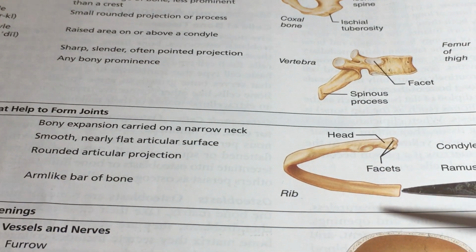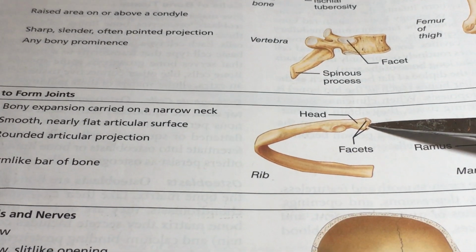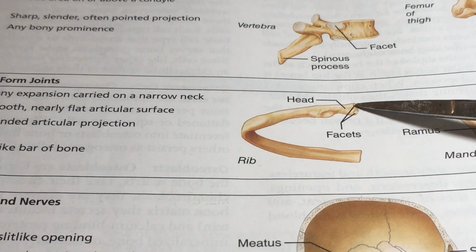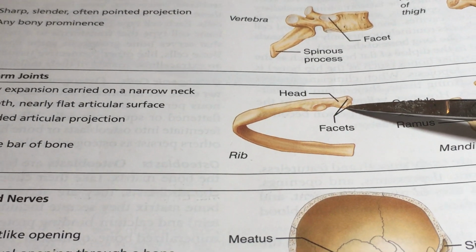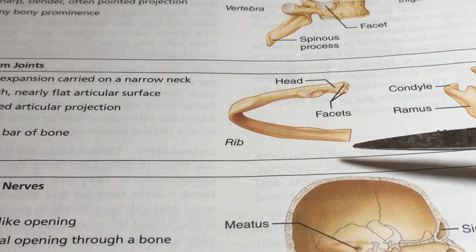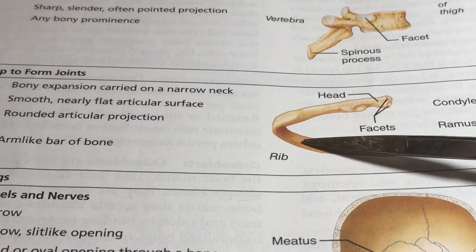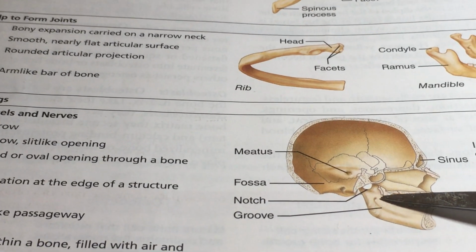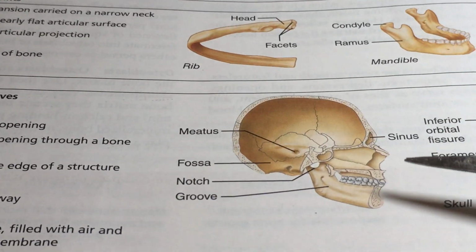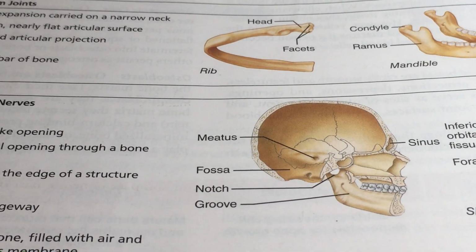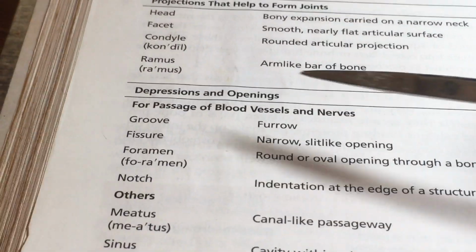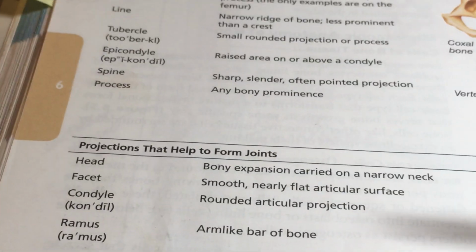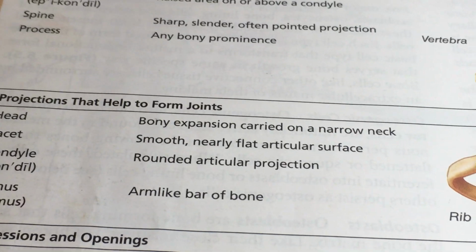Okay, then they're showing us the head of the rib here. There's little facets for where the rib fits into the vertebra. They're not showing us this groove, but there's grooves all along the way. Here's a groove here that they want us to take a look at. A groove in the skull. Okay, so you get the idea that it's all this nomenclature and it's the way that we're going to use language.